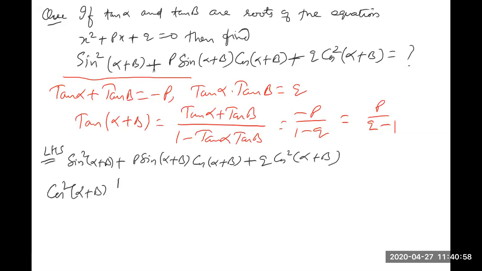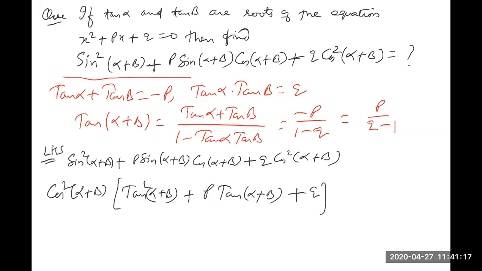So sin square upon cos square is tan square alpha plus beta, plus p, one cos will cancel, tan alpha plus beta, plus q.